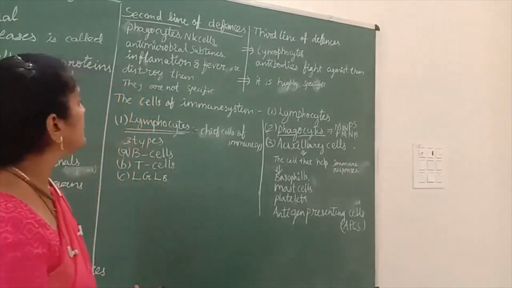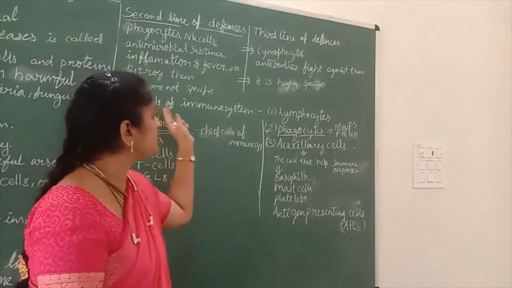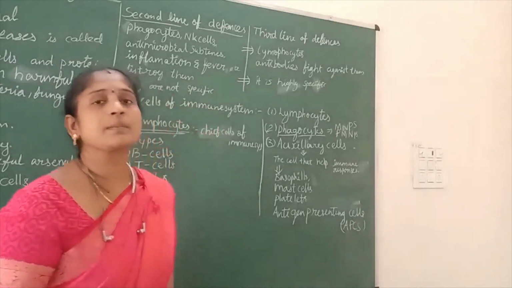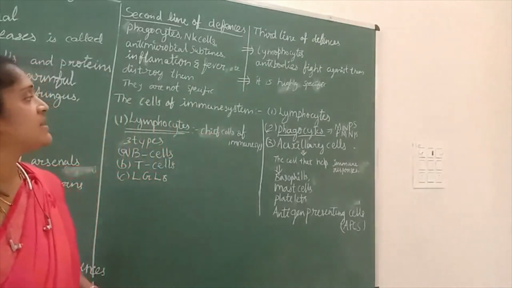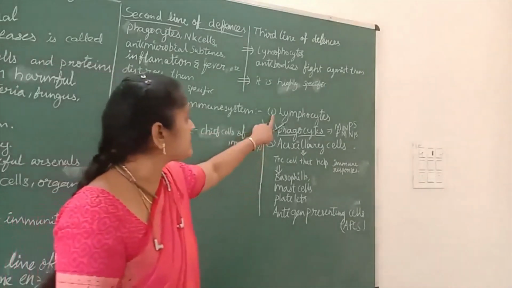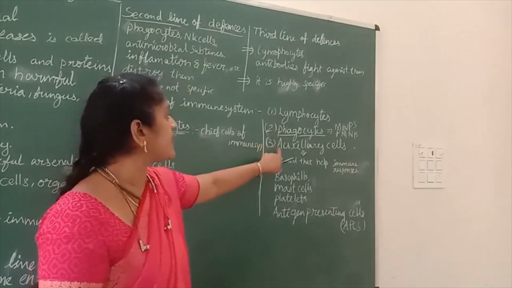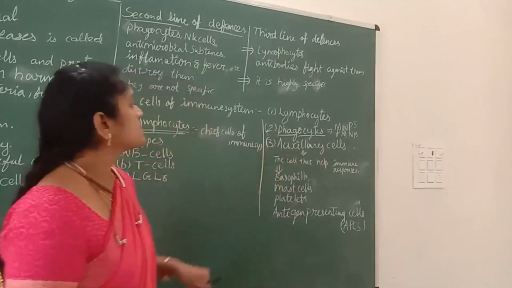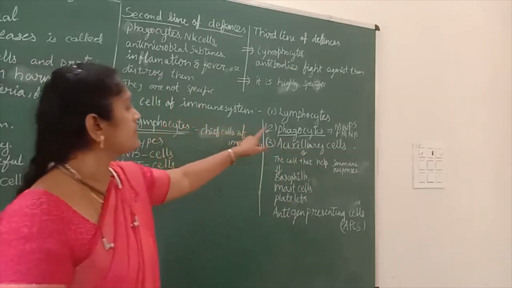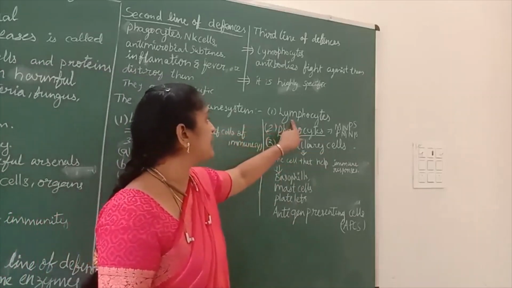So the next topic is the cells of the immune system. Many cells are present in our immune system. First are lymphocytes, second are phagocytes, and third are auxiliary cells. These lymphocytes are present in the lymphatic system.